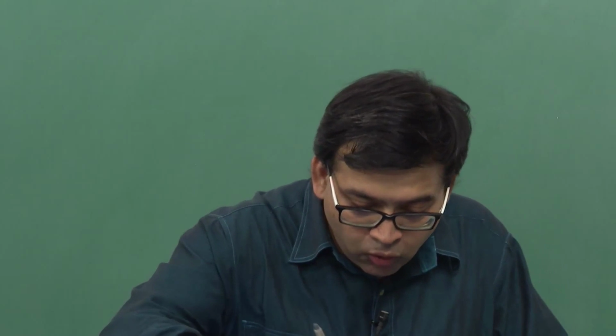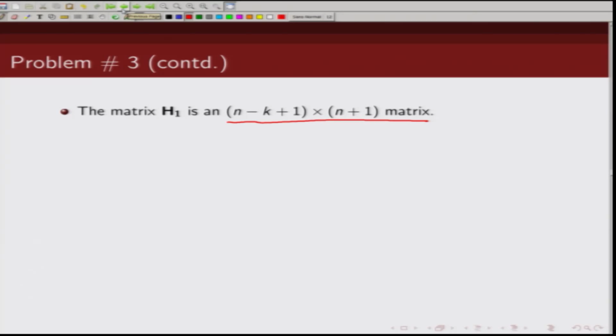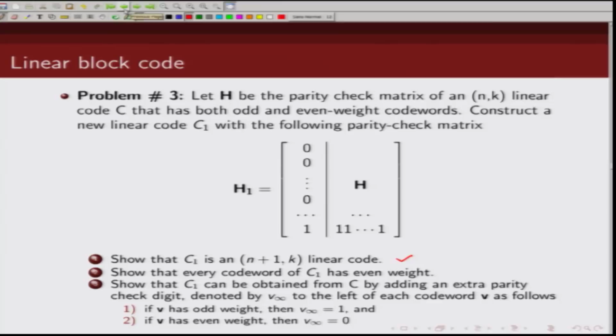Okay. Now, go back and look at the new construction. These n minus k rows are linearly independent, and what have we added here? We have added 0 here. So, these new n minus k rows will also be linearly independent.